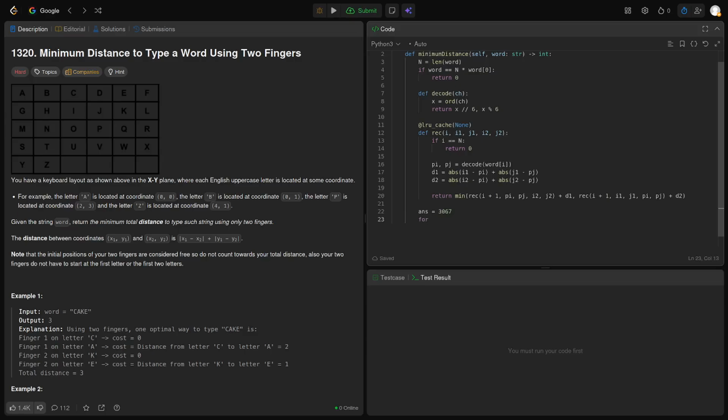And then we say that ans is min of ans and recursion.